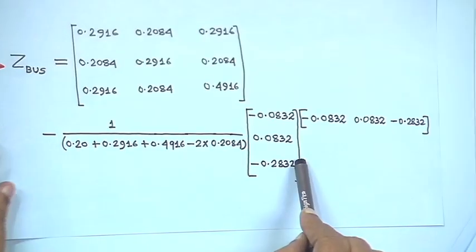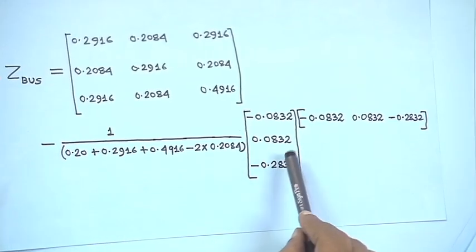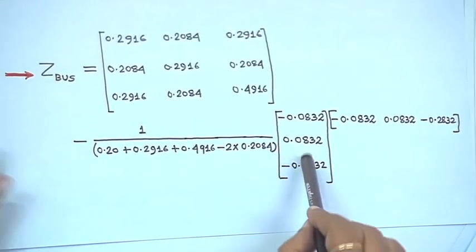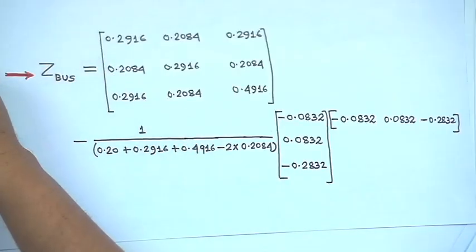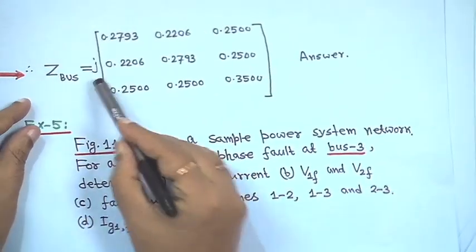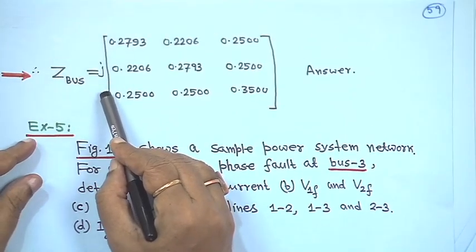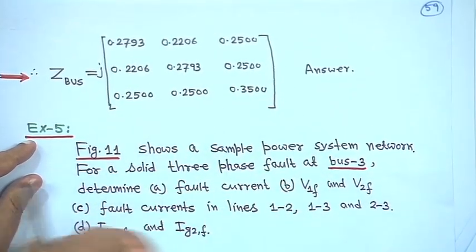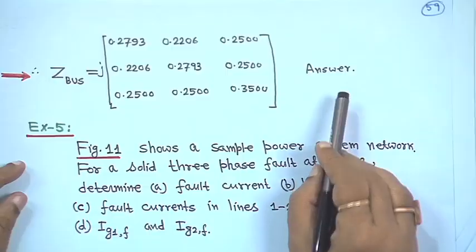Then you simplify. If you simplify, then Z bus finally, I am not putting the j throughout again and again, is your 3 by 3 Z bus matrix. This is actually the answer.